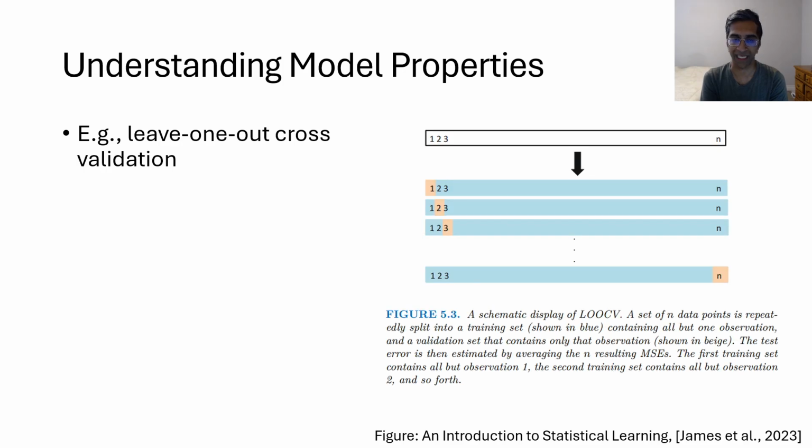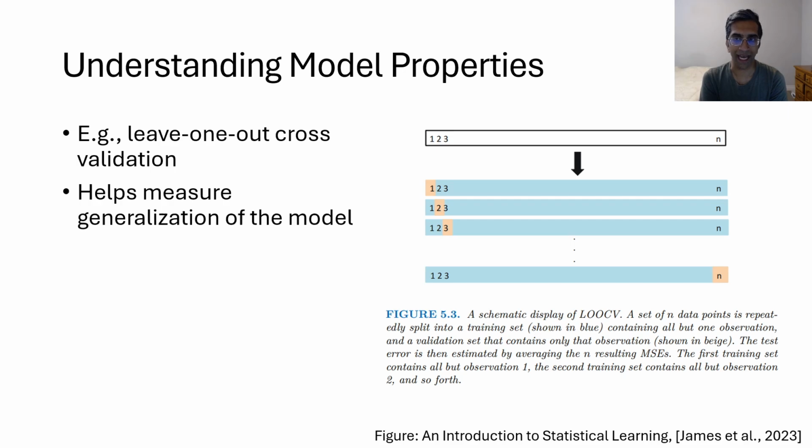I won't get into full details about how this works, but roughly speaking, rather than just training one model on all your data points, you train, in addition, n models, each on a subset of n-1 data points, and you evaluate the accuracy on the one left-out point that you didn't train on. This technique helps measure generalization of the model and make sure that you're not overfitting to your training data set.